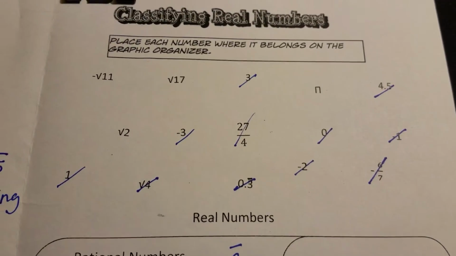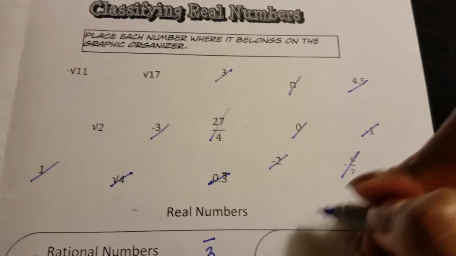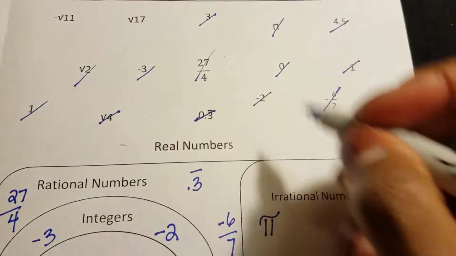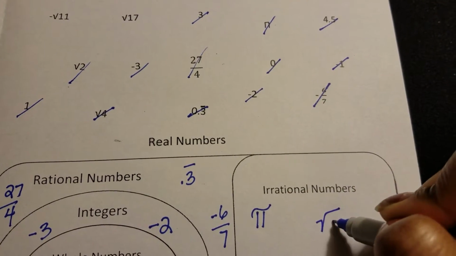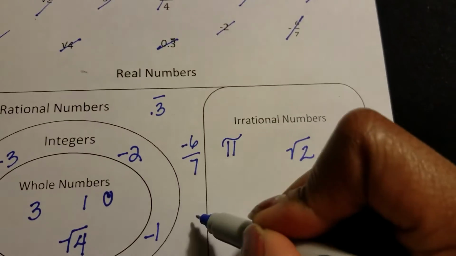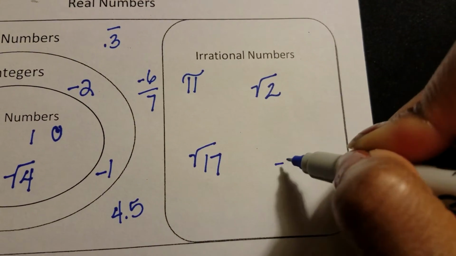Now the rest of these numbers would be irrational. So we have pi, we have square root of 2, and we have square root of 17, and we have negative square root of 11.